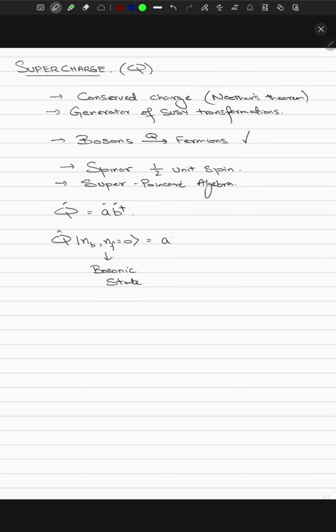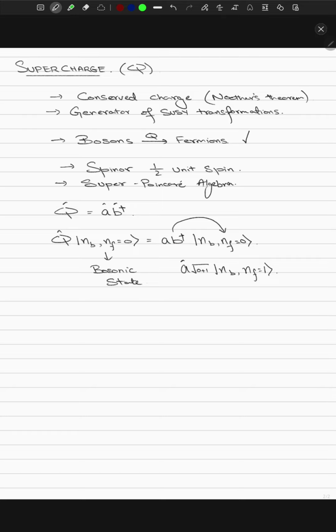So we'll replace Q by A B dagger, and we have the state NB, NF equals 0, and let's say the operator B dagger will operate on NF, and you're left with A square root of 0 plus 1, which is essentially 1, and you'll have NB, and NF will now be equal to 1, right?